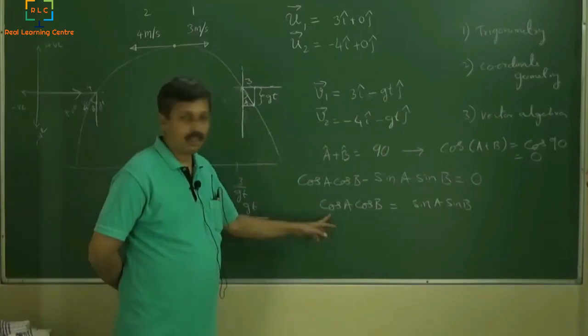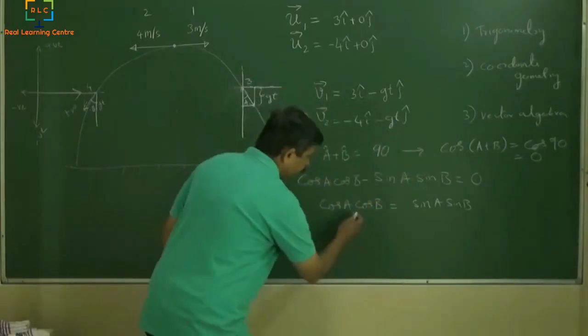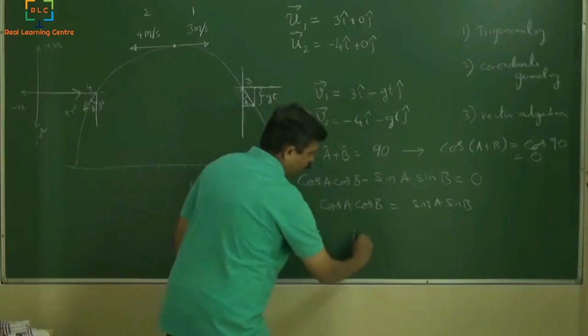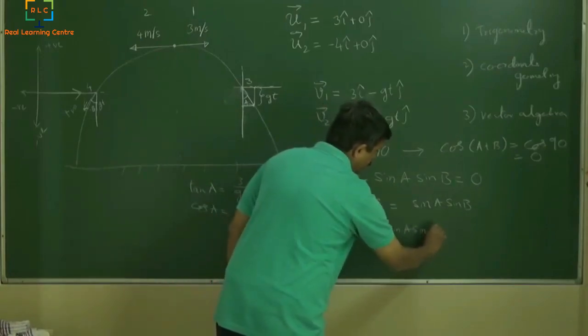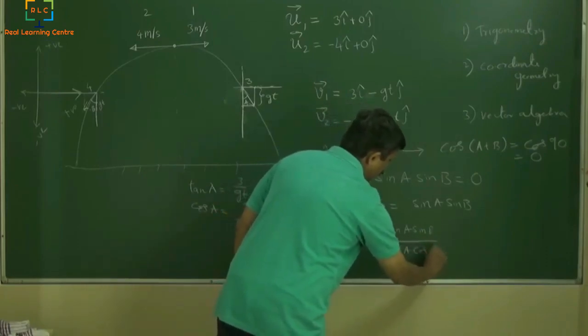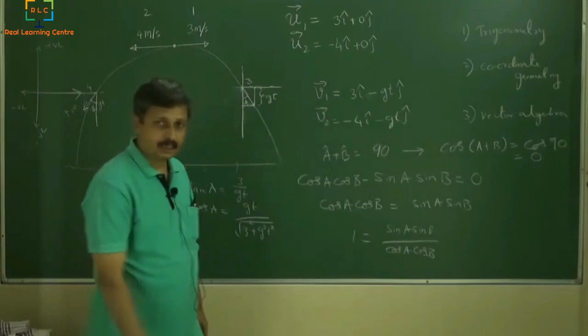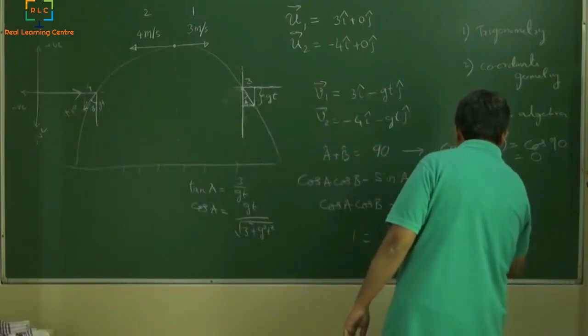We can also take the statement cos A cos B to that side. 1 is equal to sin A sin B divided by cos A cos B, which is nothing but tan A tan B.